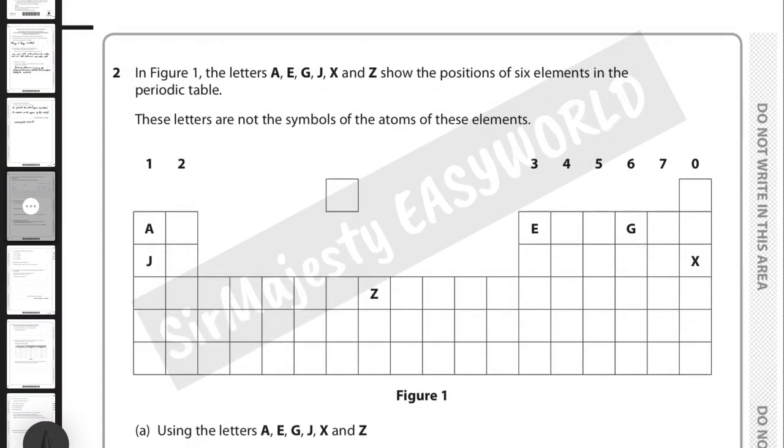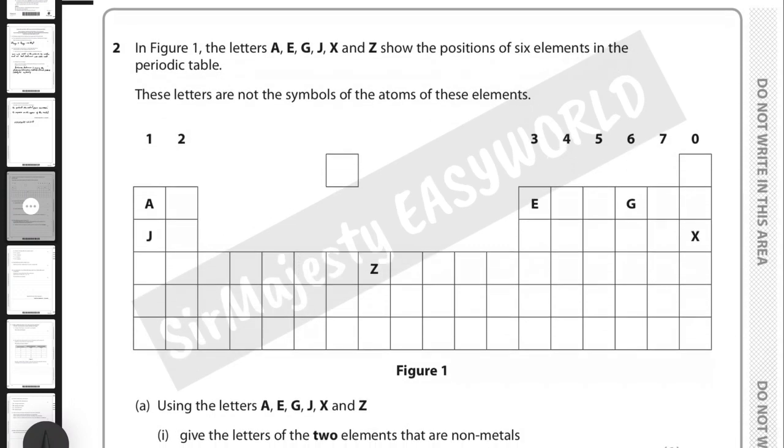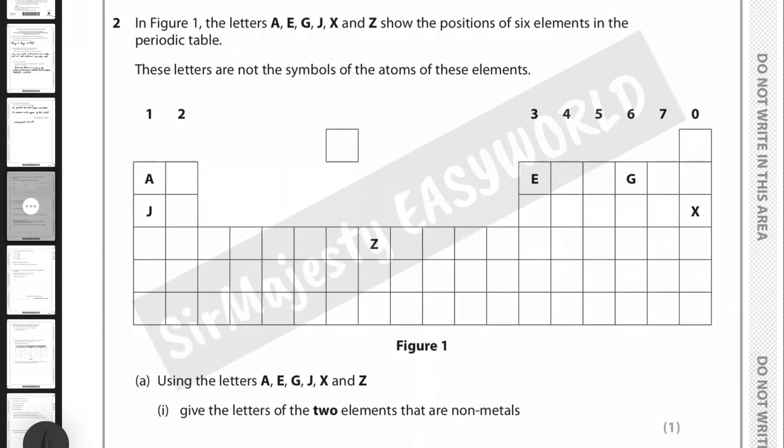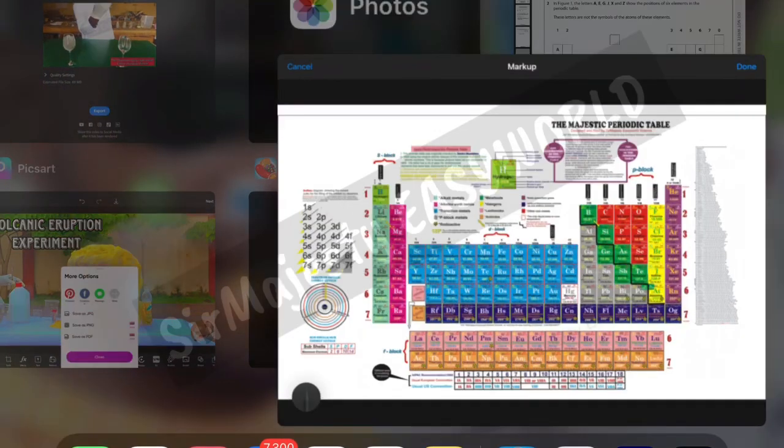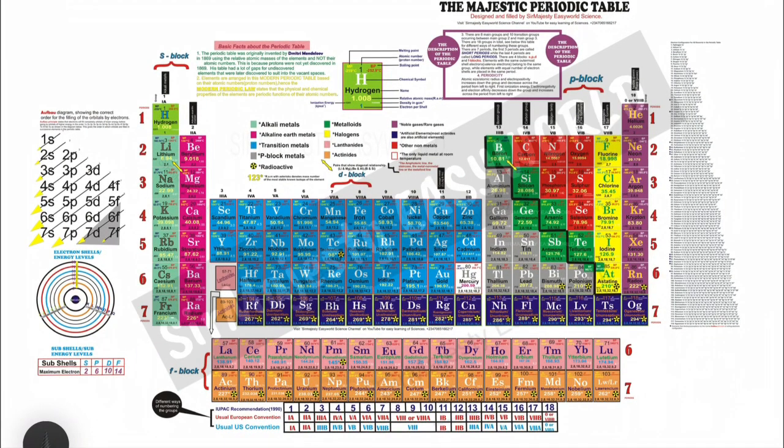This is very nice. This has come to the periodic table that I showed you. So question number 2 is giving us a kind of a sketch of the periodic table. Now, for us to answer these questions, I got to go back to that table again to help you understand more. This table has 4 blocks.